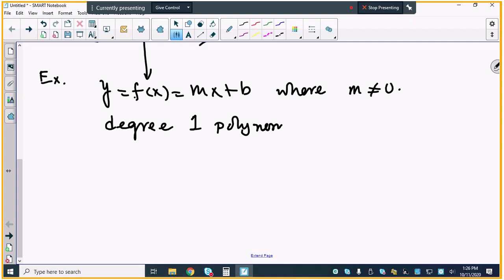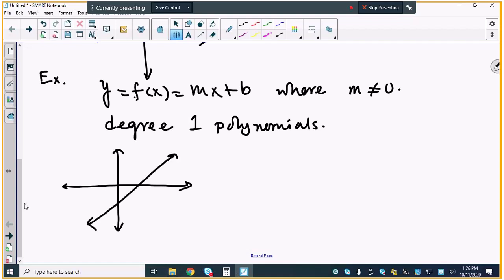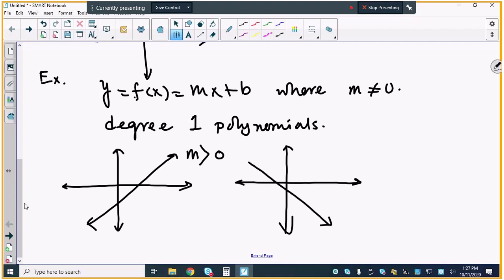And we know that if m is not equal to 0, we can expect 2 different types of straight lines. Both of them are slant lines. One is rising from left to right, and in this situation the slope m is greater than 0. The other one is a slant line that is falling from left to right, and in this situation the slope is less than 0. But these are indeed polynomial functions.